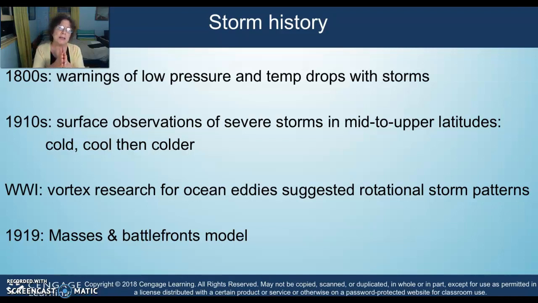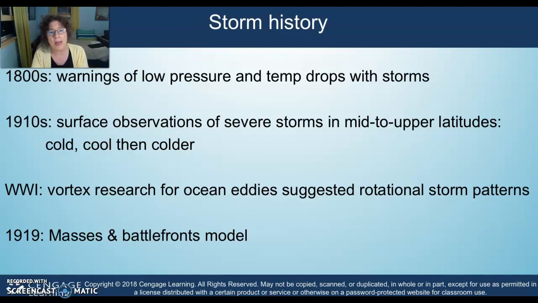In particular, first cold would come, then cool would come with precipitation, then colder would come with more precipitation. So they started to really look at that and apply mathematics to it.